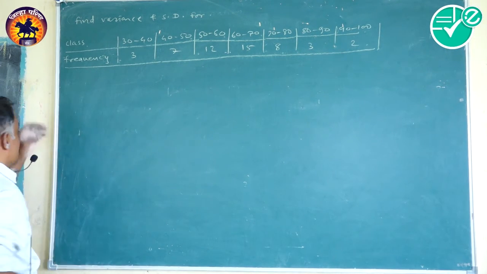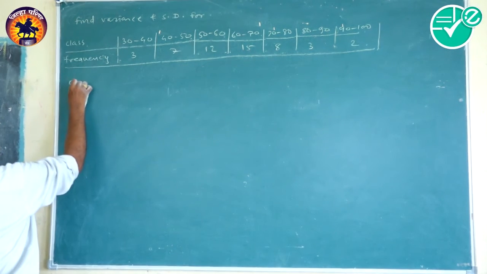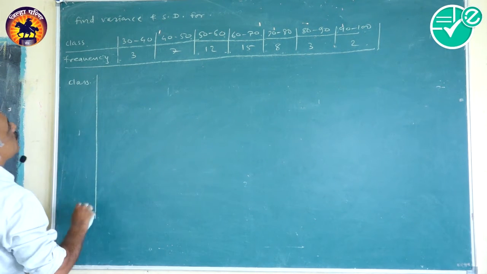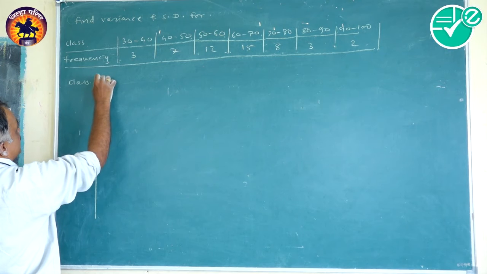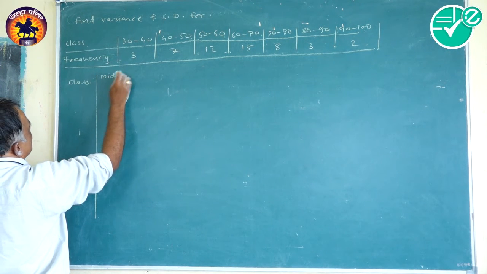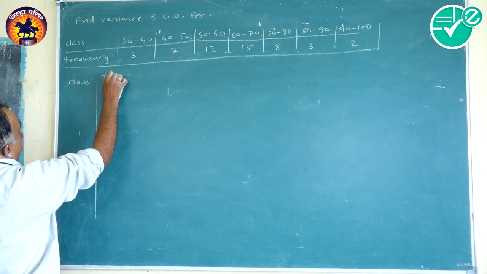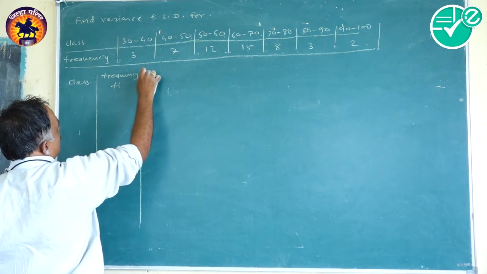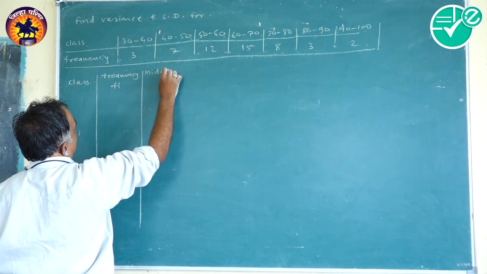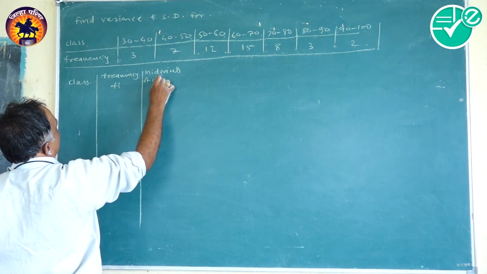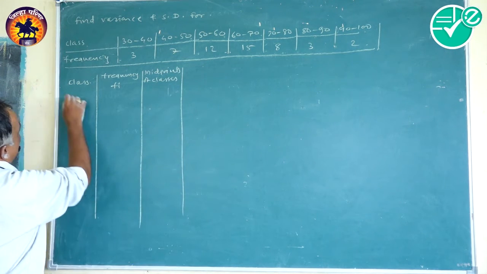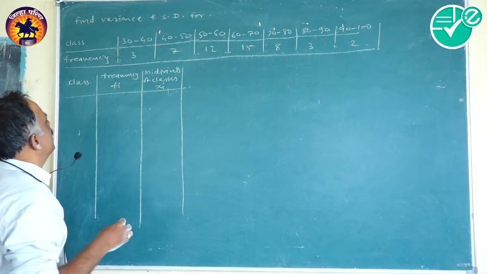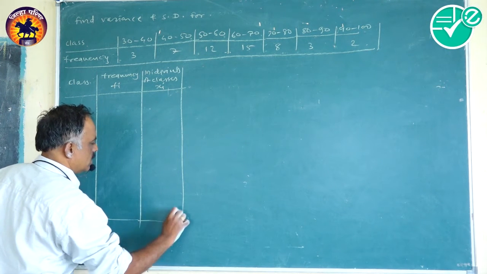So let's try here. Class intervals, midpoints of classes, and their frequencies fi. Midpoints of classes, and we are going to denote it by xi, and the remaining will be the same.